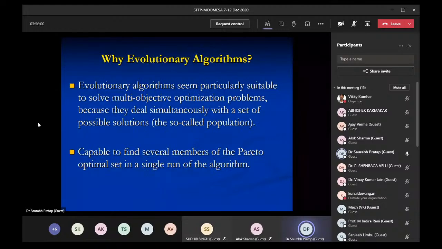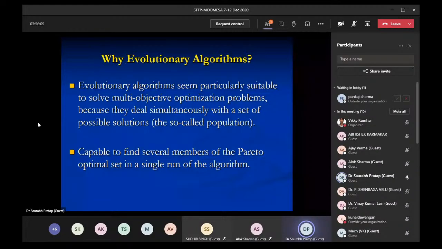Now, why evolutionary algorithms? The simple reason is that if you solve the model by an exact method and you have a large data set, or the complexity is too high, then the exact solver, and in the market there are a number of solvers available, just like Simplex, Lingo, and so many others, you can use those solvers also.